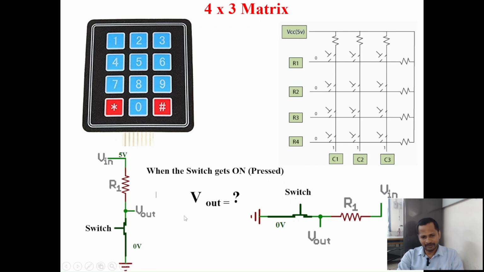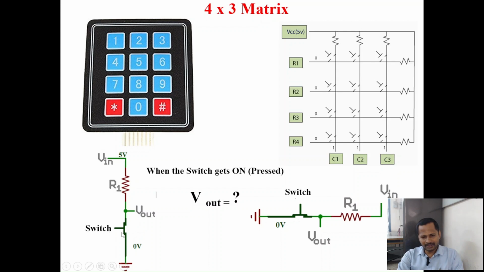Now what will happen if I press the switch? Whenever I press this switch, it means I am going to have the connection between this V out terminal and the ground, as well as the resistance's other end to the ground. Please remember, this is my output V out. One possibility is that you can have 0 or 5, or between 0 and 5.